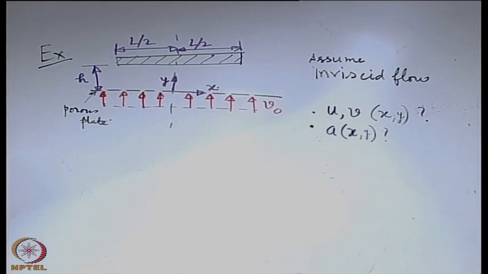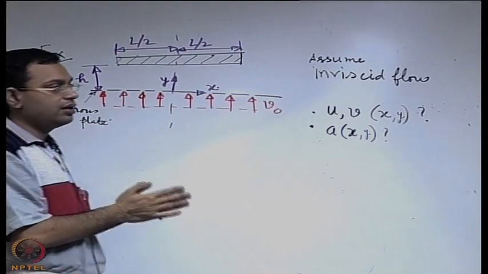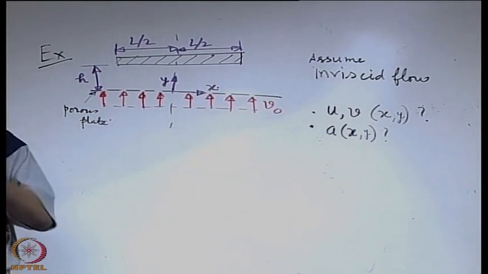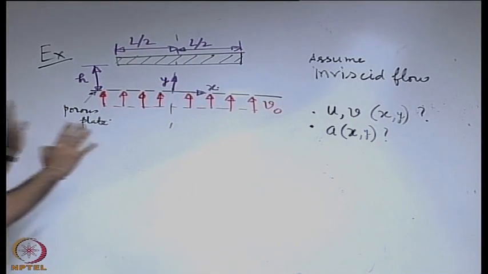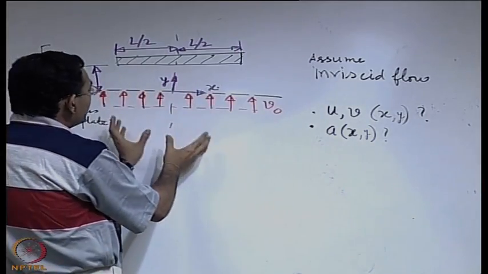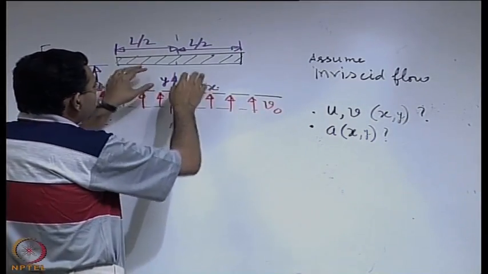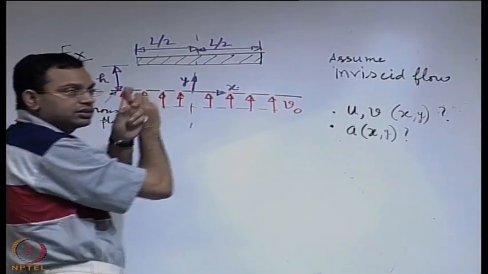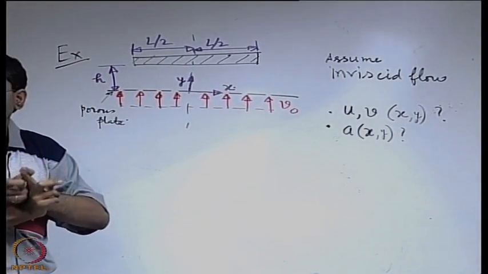So let us first physically try to understand what is happening. Whenever you are solving a problem, we can of course start putting equations, but that is not always necessary. First you have to understand. So what is happening? Some fluid is entering. Now the fluid cannot leave through the top because of what? Is it because of no slip condition?